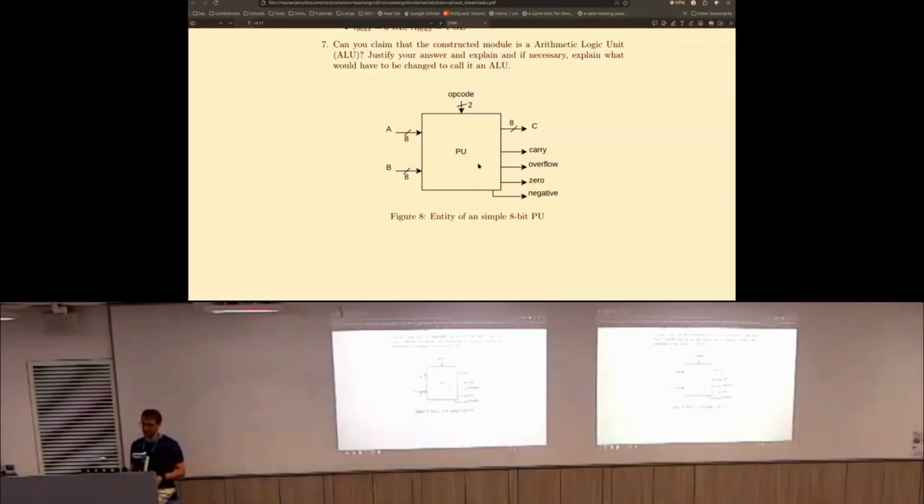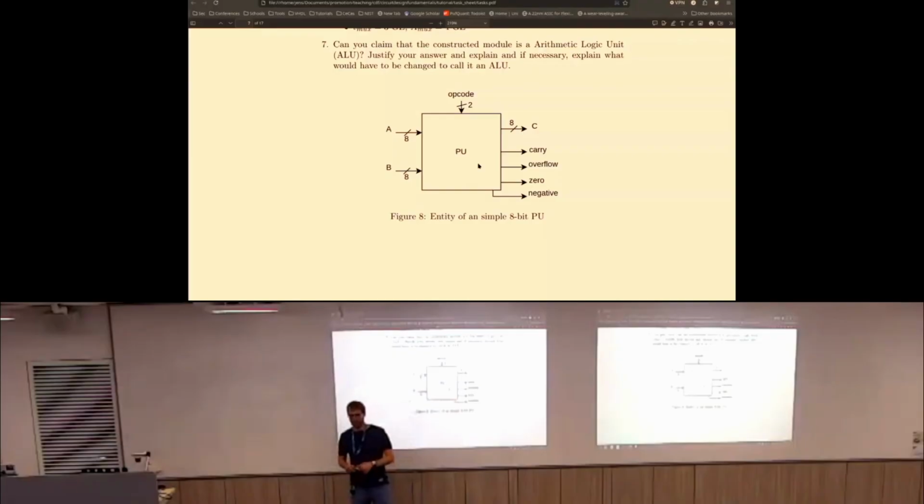To encode those in a binary fashion, we need 2 bits. Then we have A and B, which are the input signals which we want to process. For example, we want to add A and B or subtract A and B. And the result is then also 8 bits large and called C.